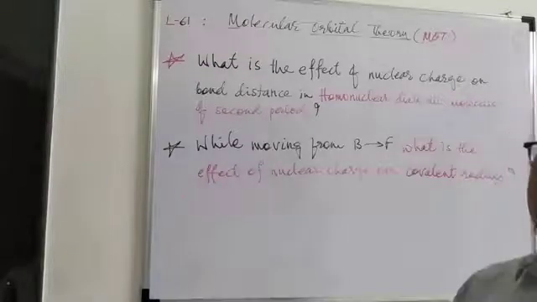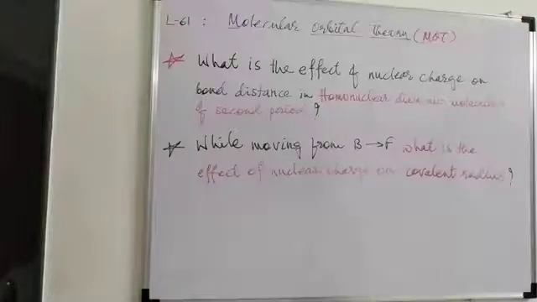We were discussing the molecular orbital theory, which is the application of this theory to homonuclear diatomic molecules, in which we have seen the various homonuclear diatomic molecules starting from hydrogen to neon.